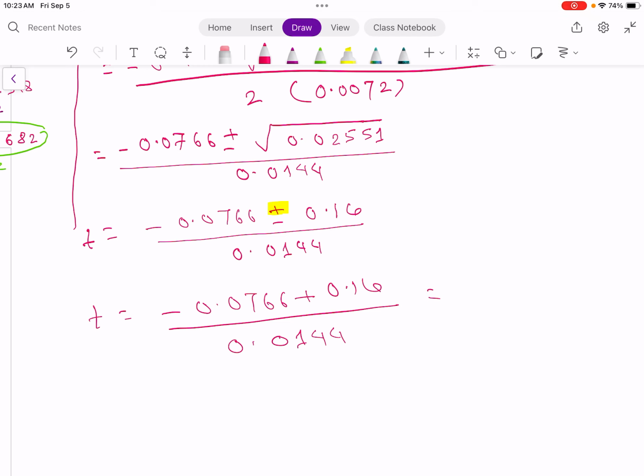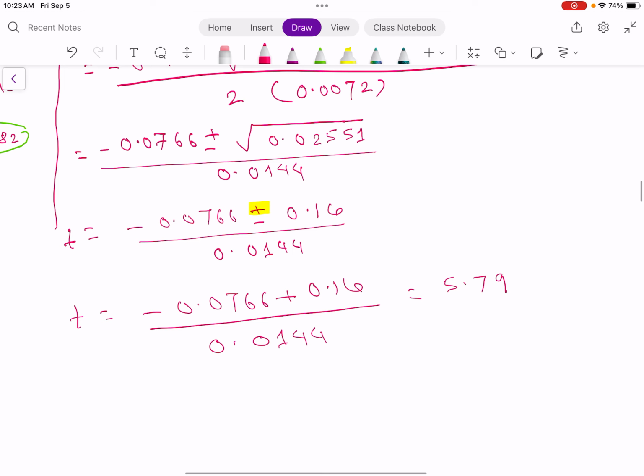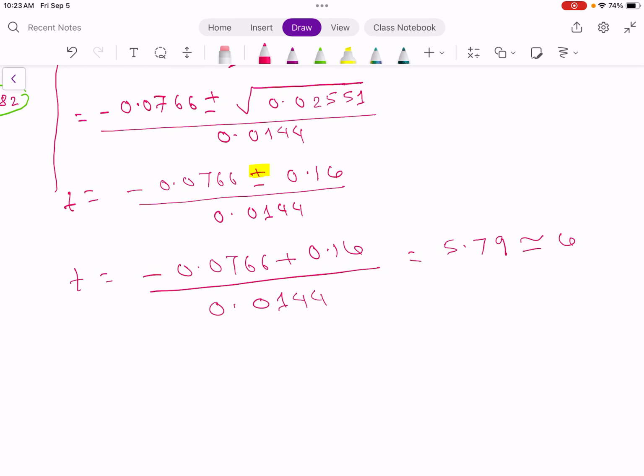So we have 5.79. Now what is our t? T is number of years, right? And what kind of number does t take? It takes a whole number. Now let's round this to the nearest whole number. So this is 6.